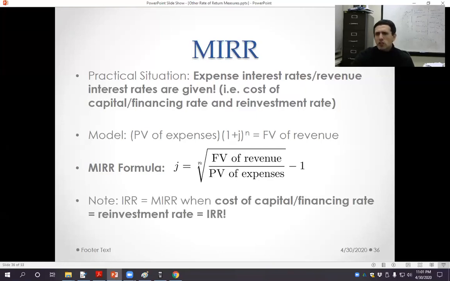Okay, and I should also mention what is the relationship between IRR and MIRR. I just love saying that for some reason. What's the relationship between the internal rate of return and the modified internal rate of return? They are equal in the fairly unrealistic scenario where the financing rate is equal to the reinvestment rate, which is the internal rate of return.